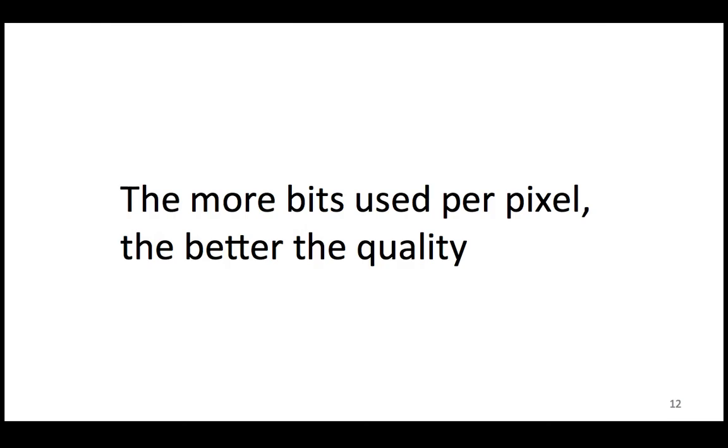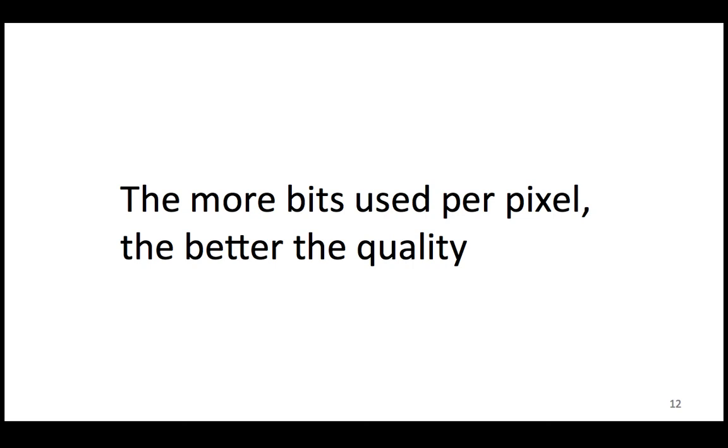In addition to this, the more bits you use per pixel, the better the quality. So the more precisely you store the sample, the better the quality of the image. So the more quantization levels you have, the more accurate the representation is going to be.